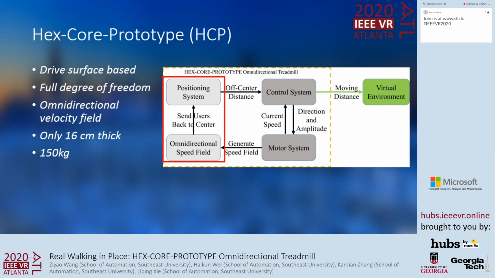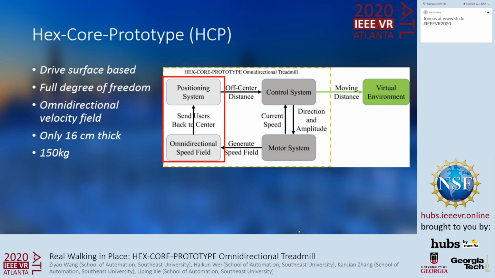The red picture shows the flow chart of our system. First, the positioning system will calculate the off-center distance of the users. The control system will control the servo motors to generate a velocity field with a certain direction and amplitude. Users in the velocity field will be sent back to the center.